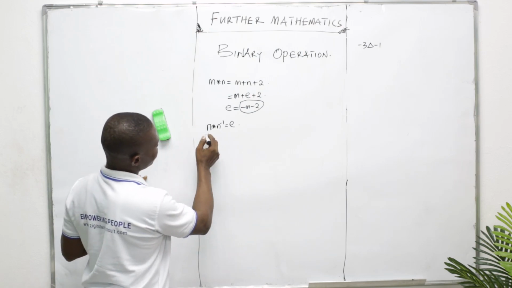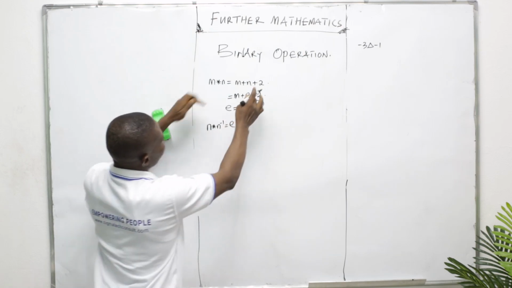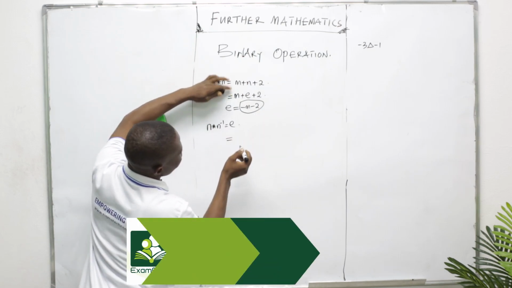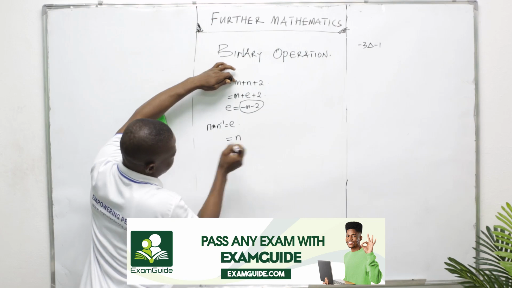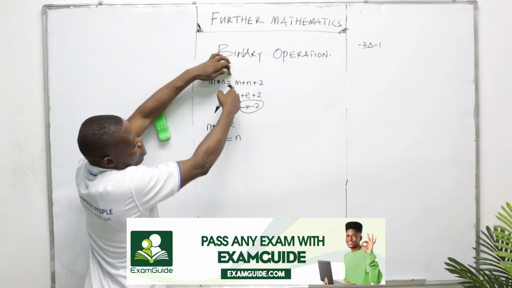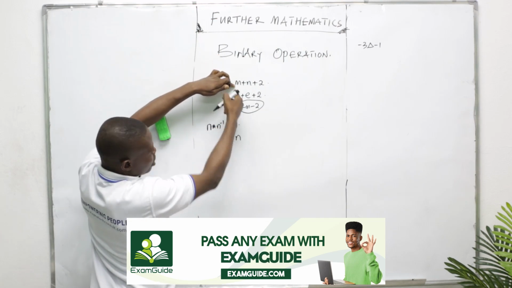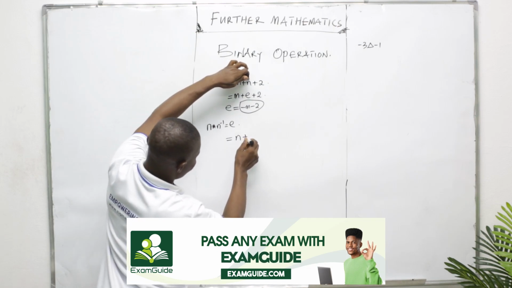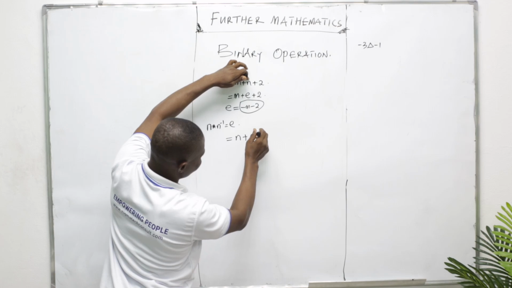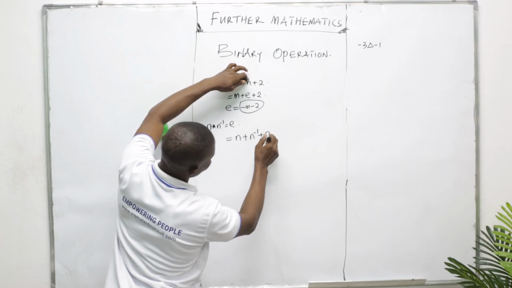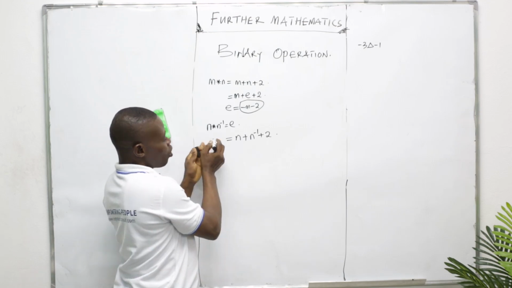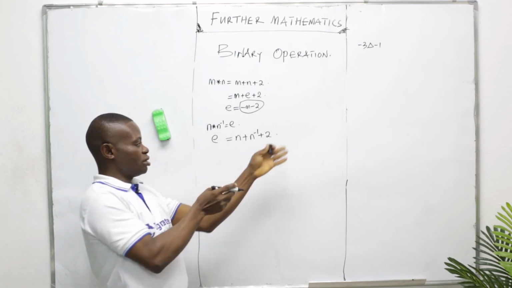Here now, if this is this, following our formula, the first one here is still taken all over M, okay? Now, plus the second one, which is the N inverse, plus 2, equals the identity element.